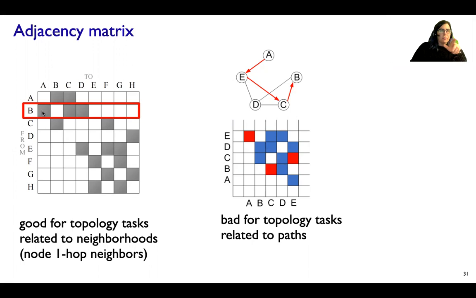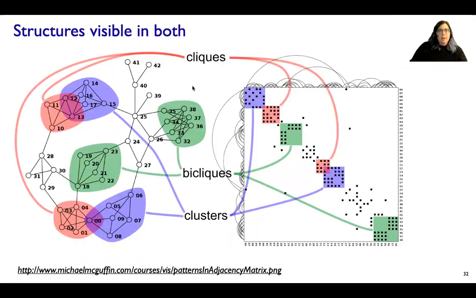But saying B is connected to A, to C, and to D in a different graph, that's something you can just read off directly from traversing a row or a column. So there are some kinds of structures that you can see in both, right? You can see cliques, or near cliques, these fully connected things if you've reordered your matrix. So you can see clusters.